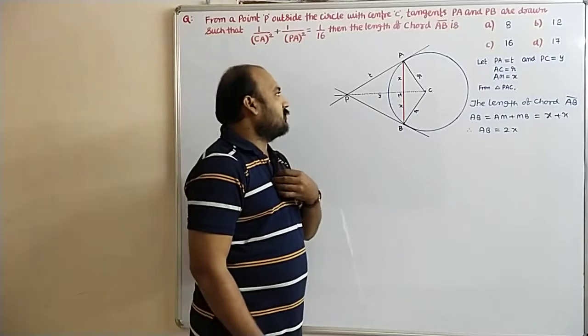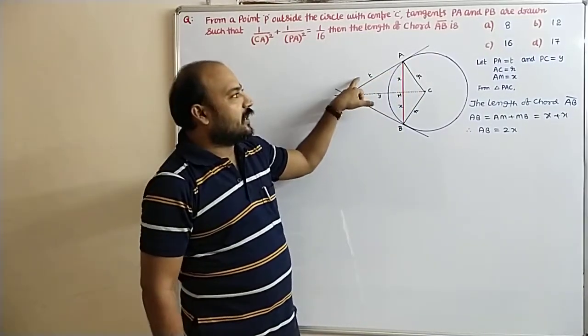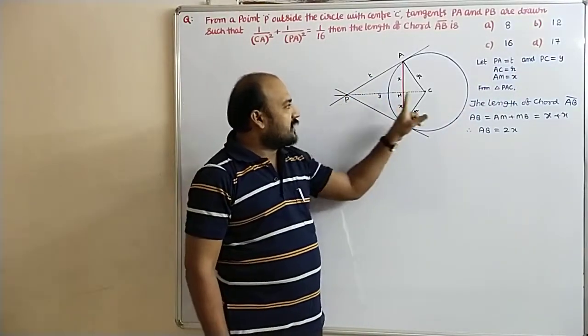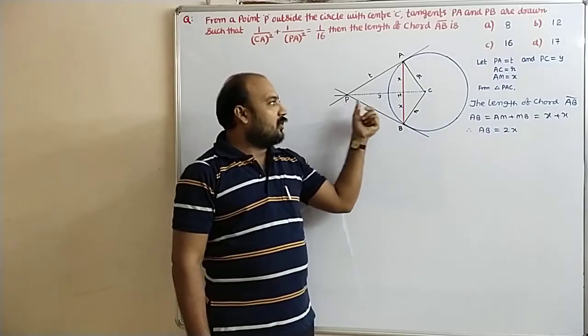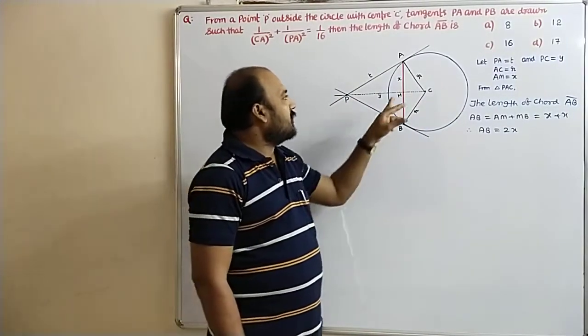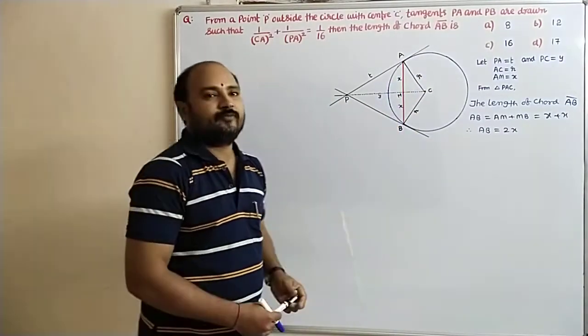Now from the figure, AP, the distance from here to here, I am taking as t, therefore PA is equal to t. PC, from point P to the center of the circle, I am assuming as y, and AM is equal to x, and MB is also x.